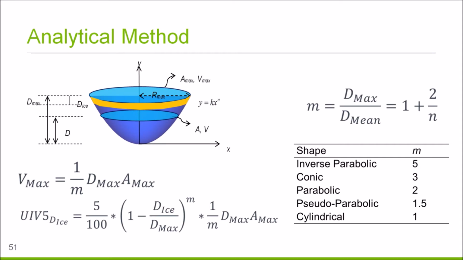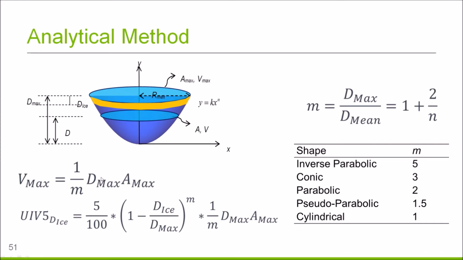Based on all of our analysis, and I do have a journal paper on this, we found that we can actually estimate lake volume with some information. What you need is M, which is the ratio of maximum depth to mean depth. That parameter varies with different shapes from 5 all the way to 1.